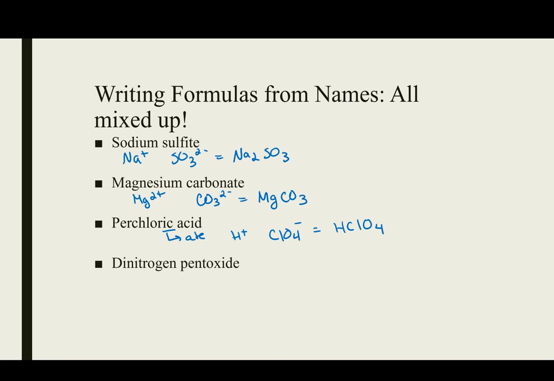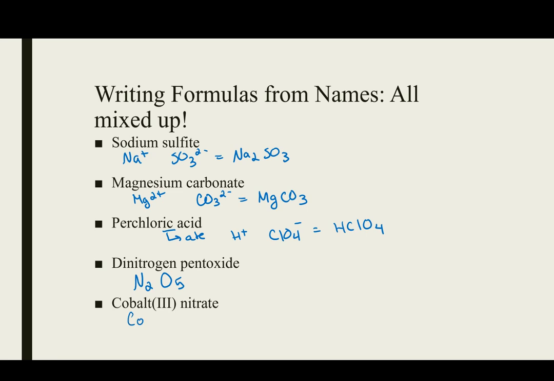Dinitrogen pentoxide. So when there are prefixes, that's the only time you don't worry about charges. When there are prefixes, you just use the prefix to write the name. So dinitrogen pentoxide. And then lastly, if there's a Roman numeral in the name, that Roman numeral is not necessarily how many of anything there is. It's just the charge of the metal.